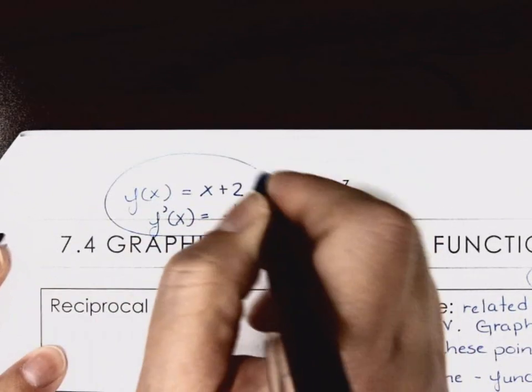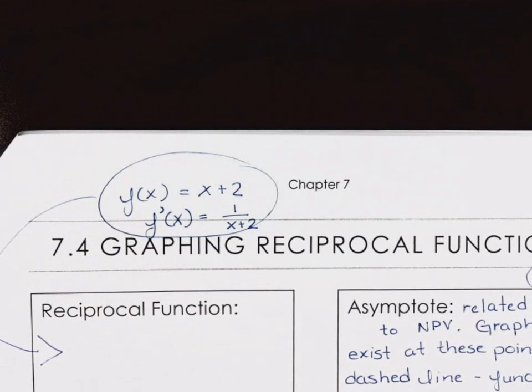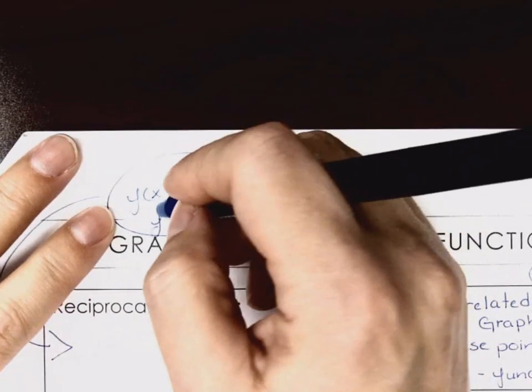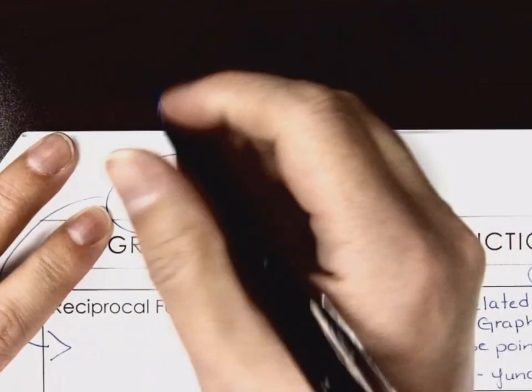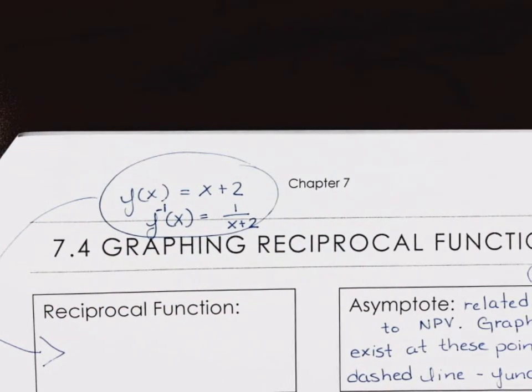Do what you will with your notes. Oh, no, it's not f prime. That's wrong. It's f negative 1. Oh, it's a good thing we all write with erasable things.